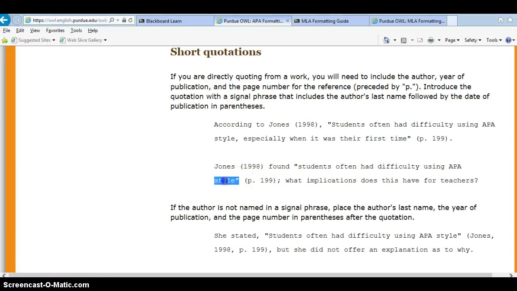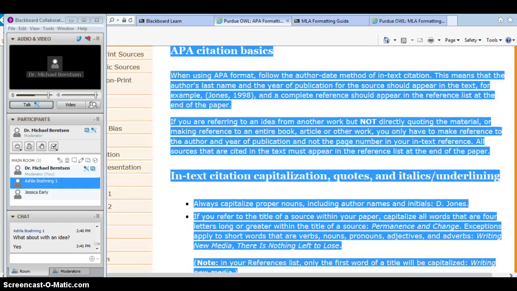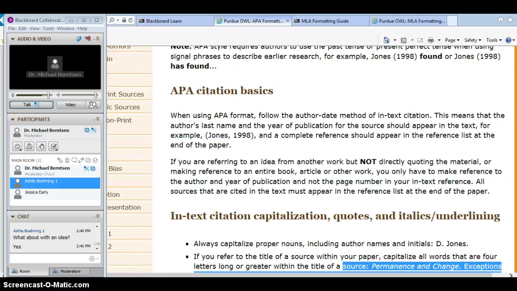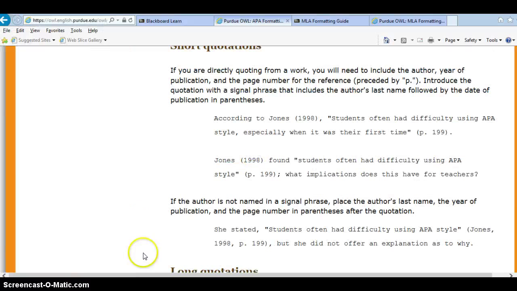So it always follows the quote and it always follows their idea. Does that make sense, Ashley? Because that's an important question, too. Yeah, good. So again, it doesn't matter if you're paraphrasing or quoting, it always follows the source material.